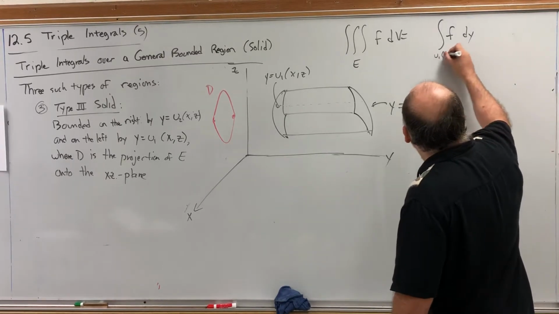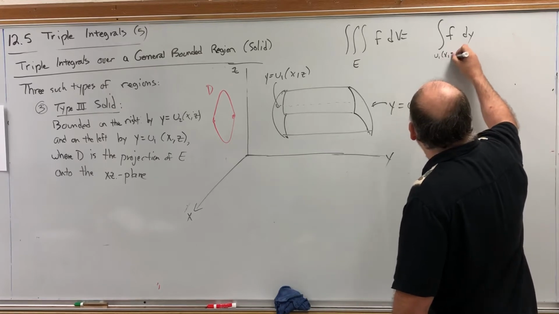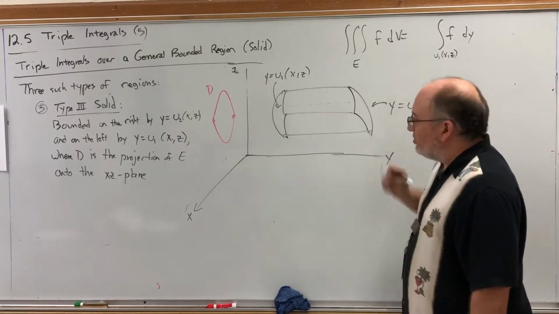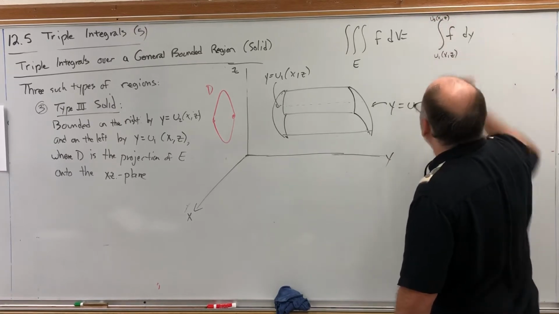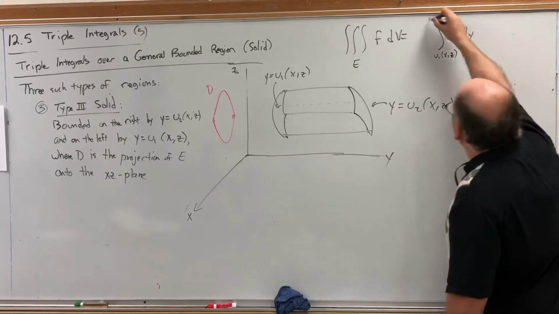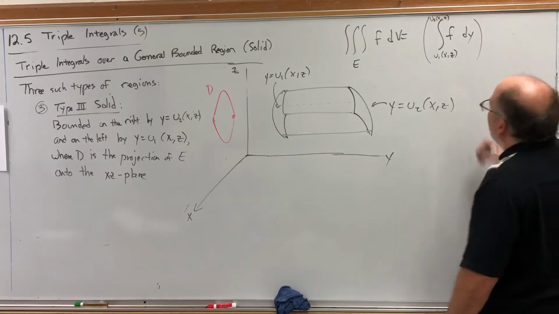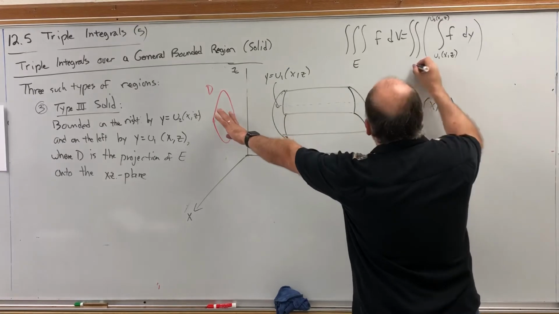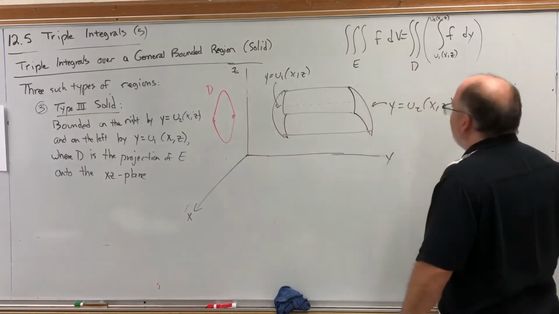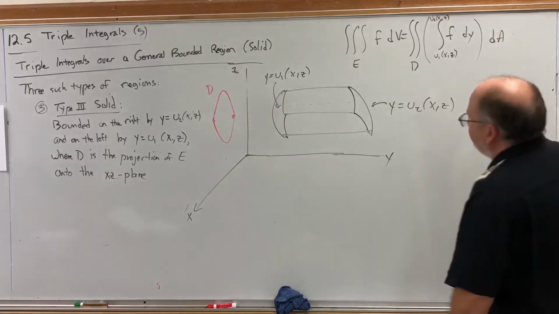So u1(x,z) would be the lower limit, the lesser of the y's, and u2(x,z) would be the upper limit, the greater of the y's. So you would evaluate that integral, and then evaluate the double integral over the region that's the projection onto the xz plane, dA.